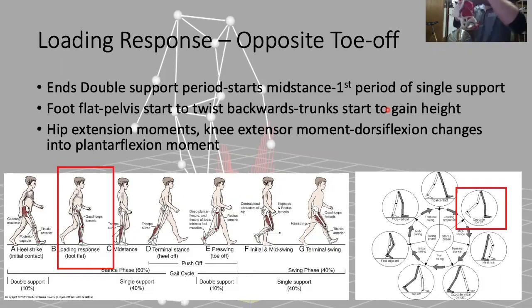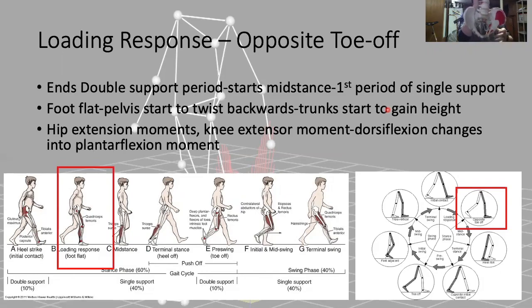So as we start to reach forward in that initial contact period, the pelvis is kind of open a little bit. We've reached forward with the right leg, and the left side of the pelvis, this is my left leg, will be twisted backwards a little bit.